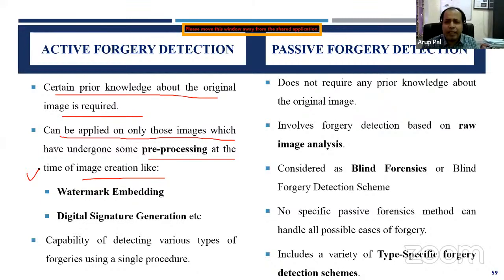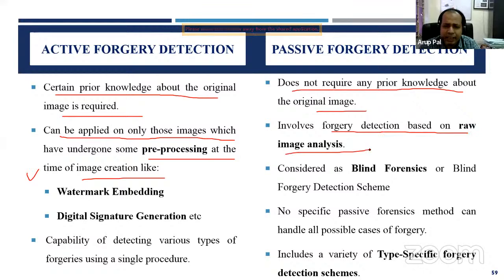So passive forensic is one of the areas that works in this way. It does not require any prior knowledge about the original content. It basically involves forgery detection based on raw image analysis, considered as blind forensic or blind forgery detection. No specific passive forensic method can handle all possible cases of forgery.